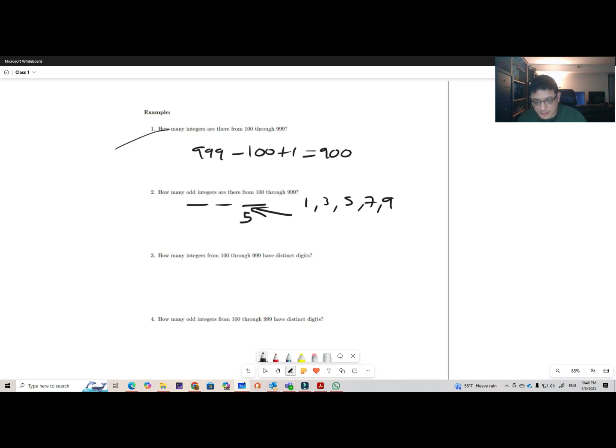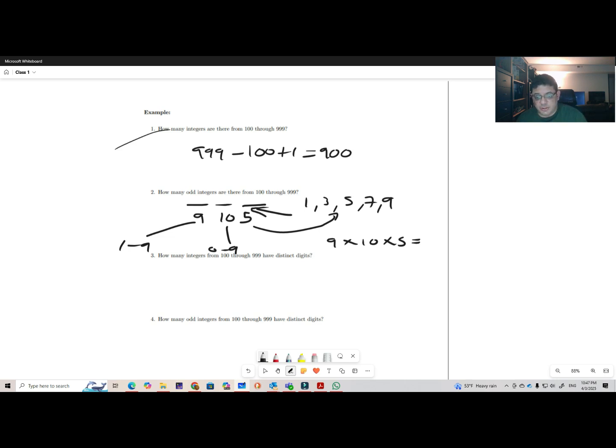I'm going to have 10 possibilities for this one, since it can take numbers from 0 to 9, and because this one takes from 1 to 9, I'm going to have 9 possibilities here. So if we use the multiplication rule, the total number of odd integers is going to be 9 by 10 by 5.